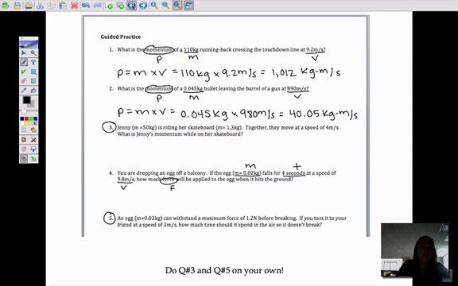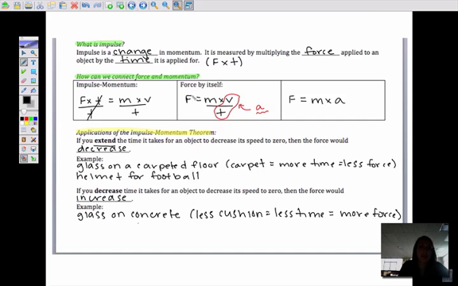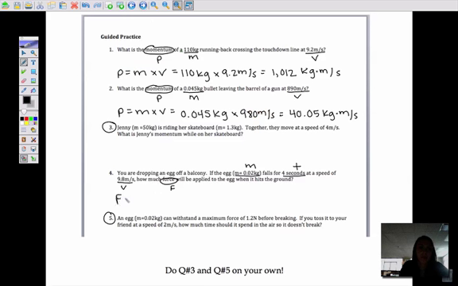Now if I go back into my note sheet, it looks like I can solve for force given mass, velocity, and time. So my equation I'm going to use is this one right here. So force is equal to m times v over t. My mass is 0.02 kilograms. My speed is 9.8 meters per second divided by 4 seconds.